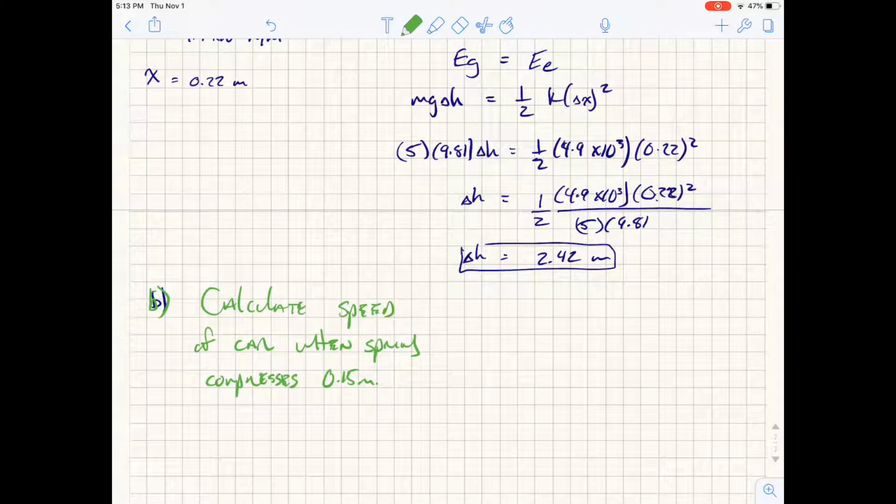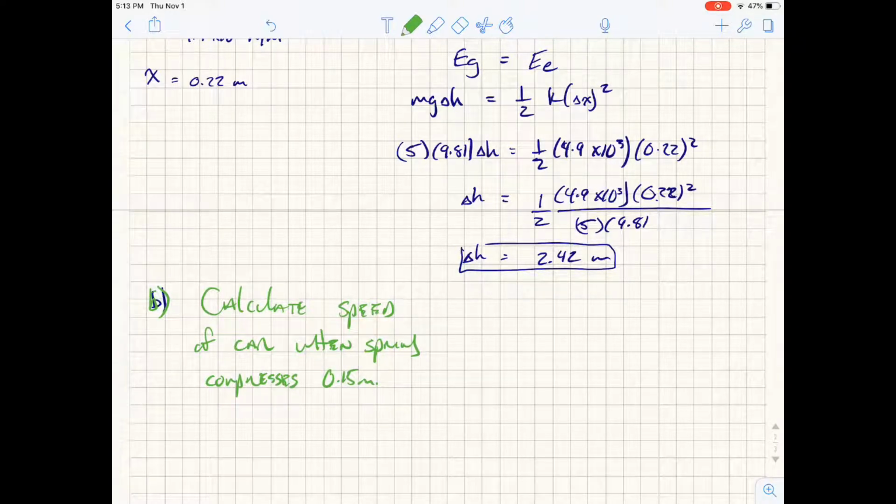So it's not at its maximum compression, it's on its way to its maximum compression, but the car is still moving, it's pushing on the spring. We're going to stop the clock before the maximum compression.